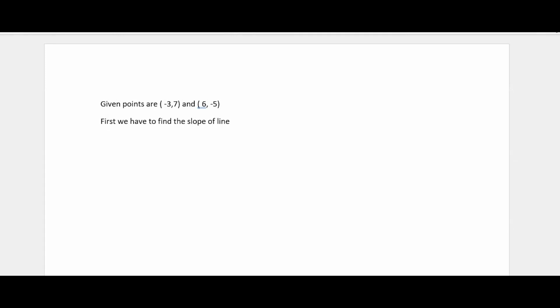First we have to find the slope of line. This is the formula to find the slope of line.